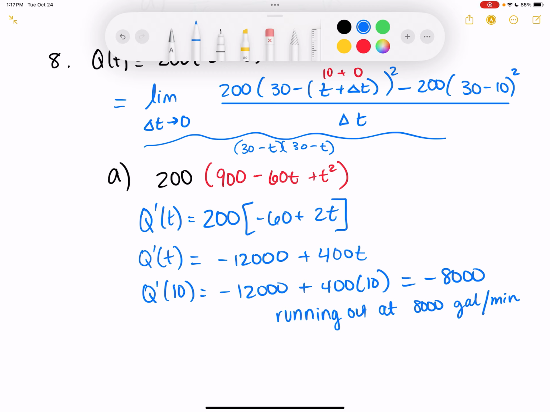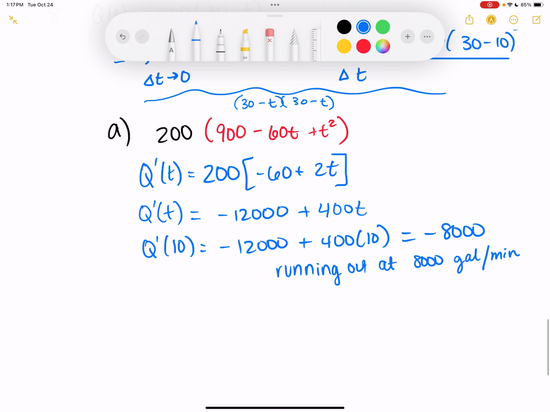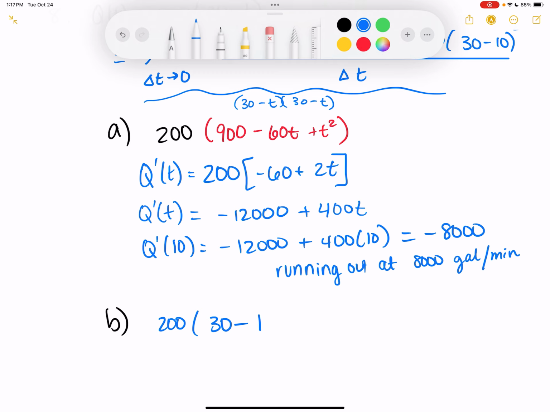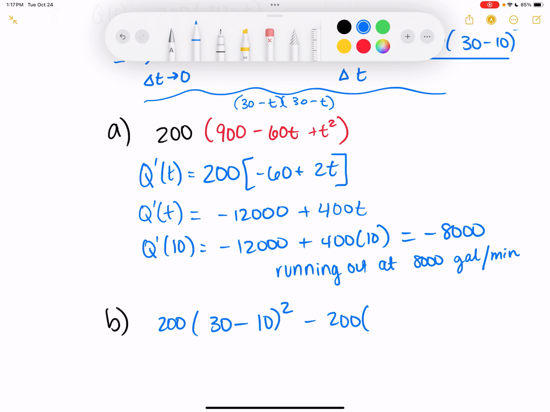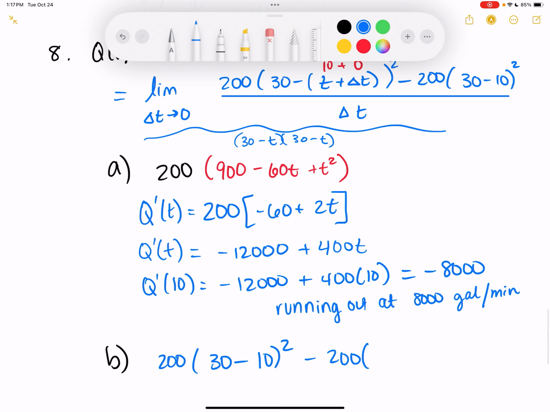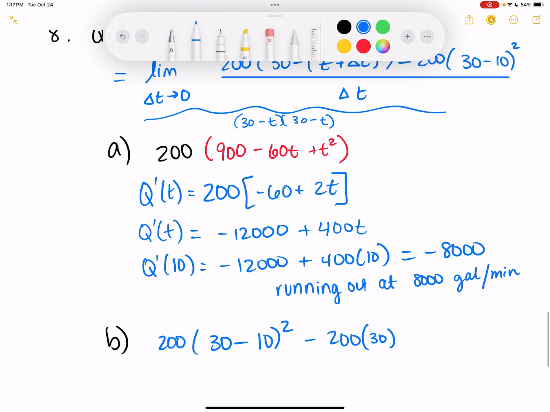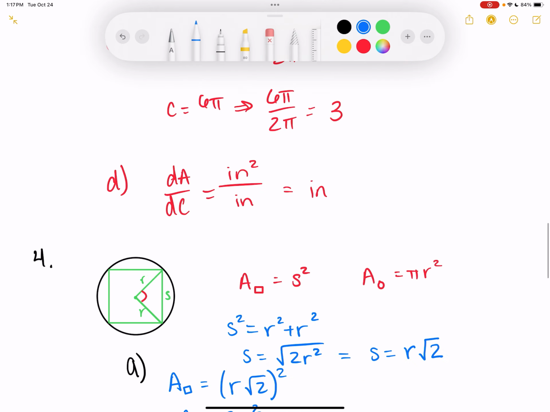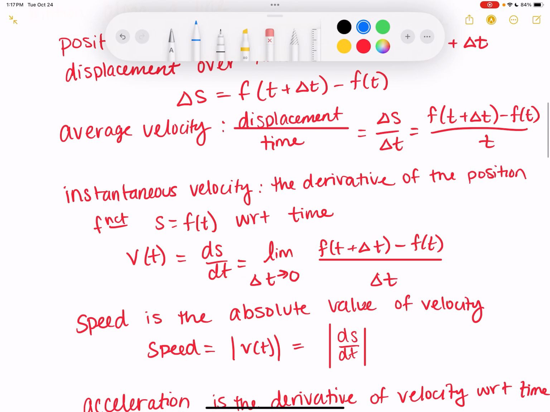So this is going to be, let's see, part B here. 200 times 30 minus 10 minus 200 times, it's just 30. So kind of disregard what's written up there because it's a little confusing, because we actually need a slight difference.